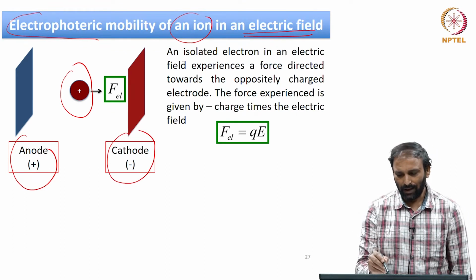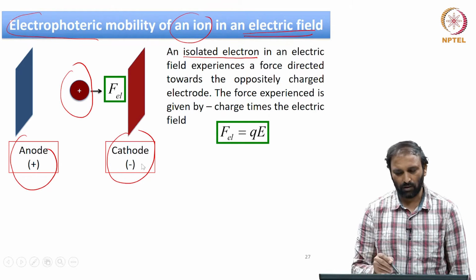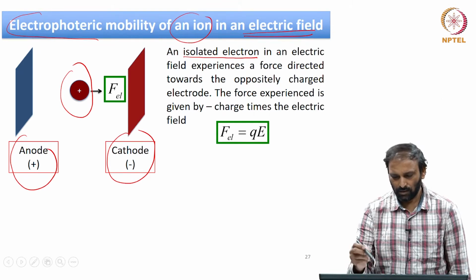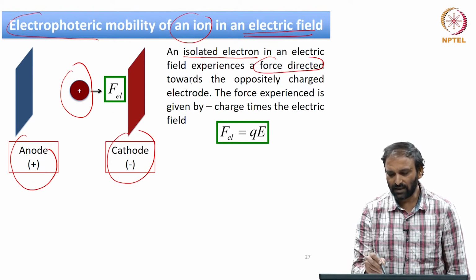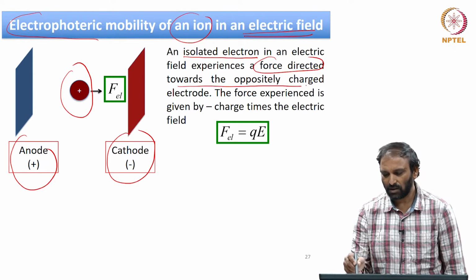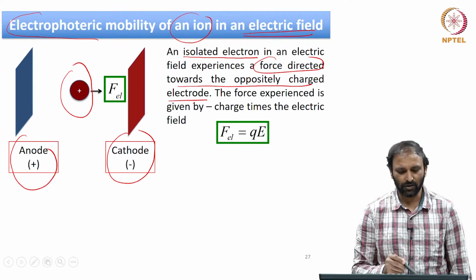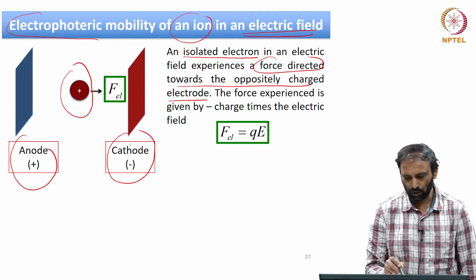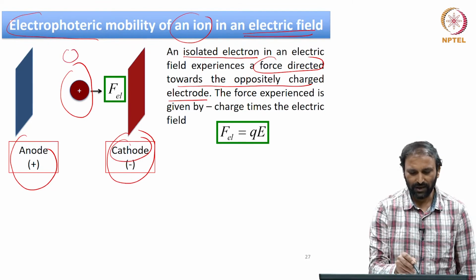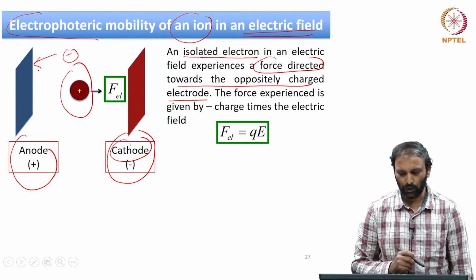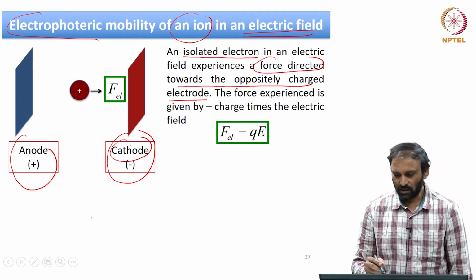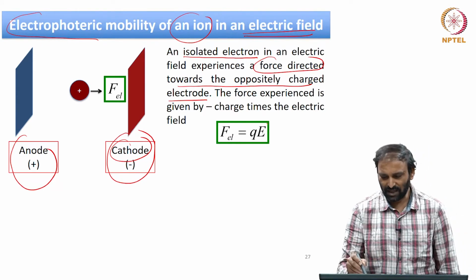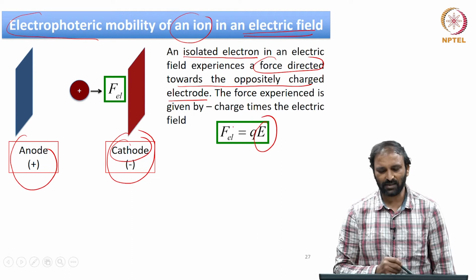Now, an isolated ion in an electric field experiences a force that is directed towards the oppositely charged electrode. So, if you have a positive charge, it will move towards the cathode, and if you have a negative charge, it will move towards the anode. That force is proportional to the strength of the electric field that is applied.